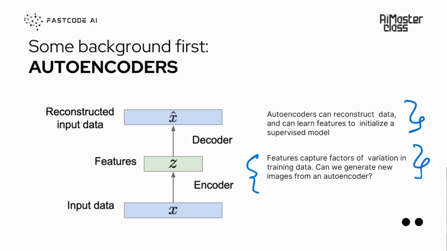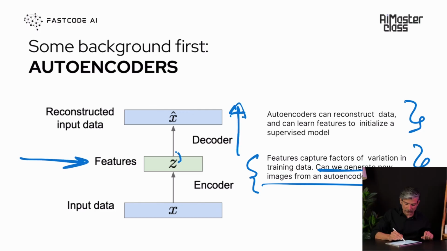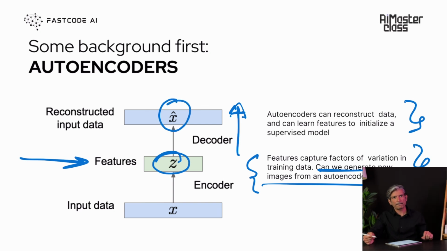Now the question is, can we generate new images from the autoencoder? We are able to generate these features and we have the decoder. So can we generate new features? Can we give it a new Z and generate new X hats? The answer is no. Why? Because we do not know how to create Z. Z is some latent representation.